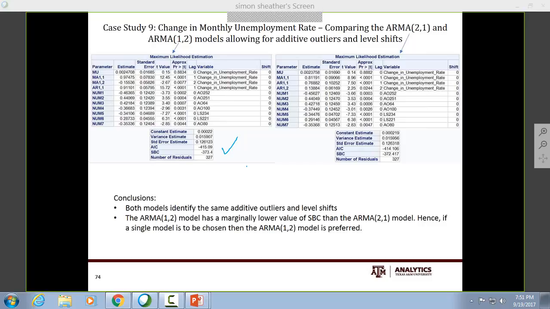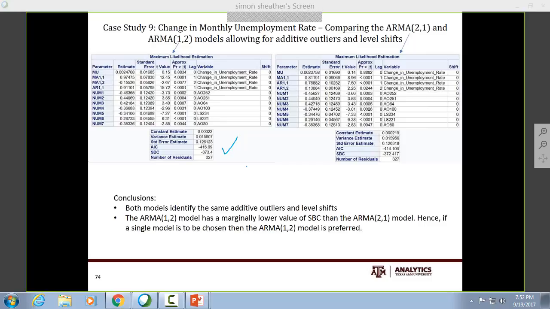I have a question here. Would you take into any consideration, given these are super similar, the stability of the parameters with and without the additive and level shift components? Yeah, you could. Again, it doesn't really bother me.